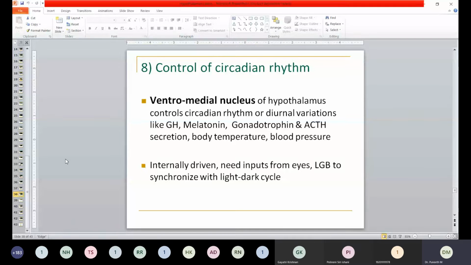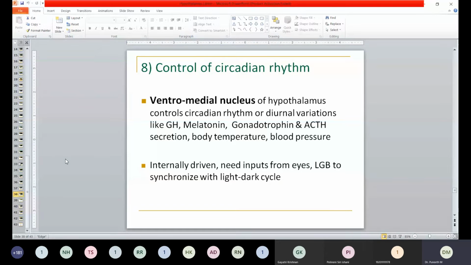The nucleus which is mainly concerned with circadian rhythm is the ventromedial nucleus of the hypothalamus. So it controls circadian rhythm or diurnal variations like growth hormone and melatonin. You know, melatonin is secreted more during the night time, during sleep. That is again a diurnal variation. And during the waking state or in the mornings, the levels will be low.